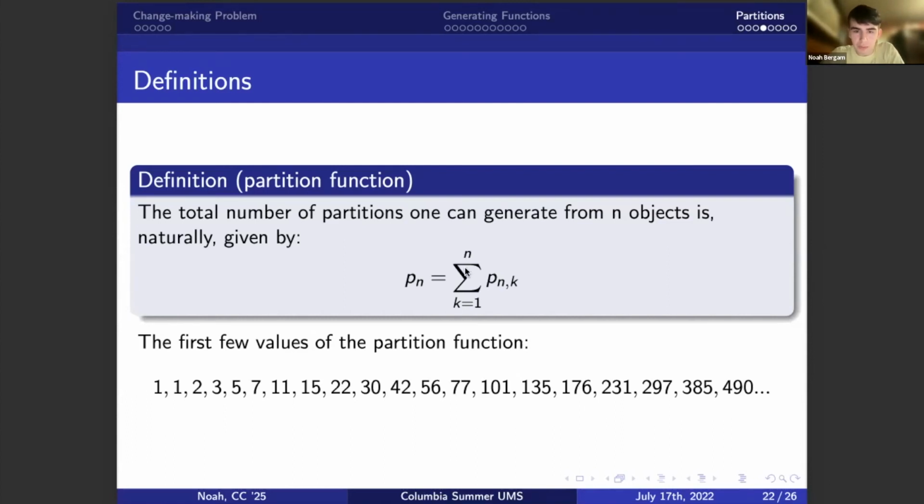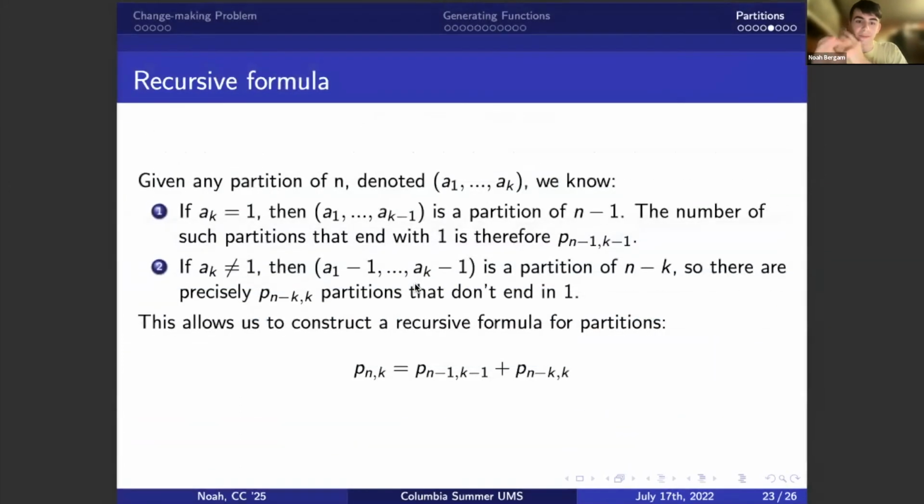By closed form, I mean something that's not recursive, something that's not dependent on lower forms of the partition. I'm going to give you an example of a way of calculating the partition function for some n that is not closed form, that is explicitly recursive.